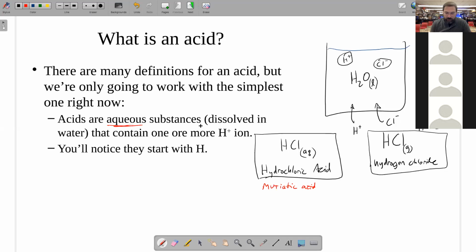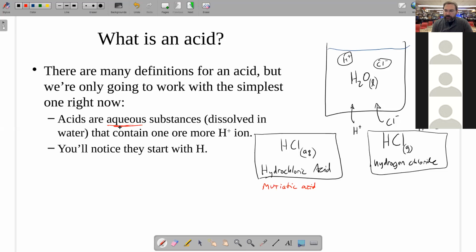So what makes something an acid is that it's an ionic compound that's dissolved in water to make an aqueous solution. This word aqueous, the aqu, refers to of water or of a liquid.